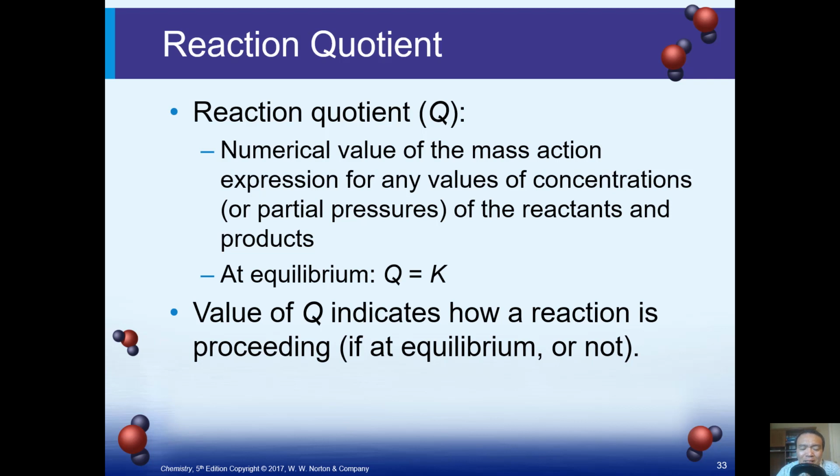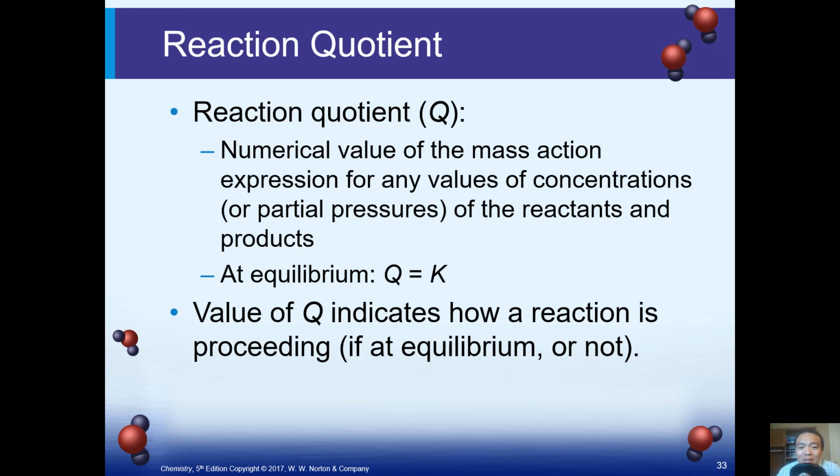It's very easy to understand that if the current concentration ratio of the products over that of the reactants, raised to the corresponding chemical coefficients, is exactly the same as the equilibrium constant, then the reaction is at equilibrium. What if it's not? That means it's not at equilibrium, right?